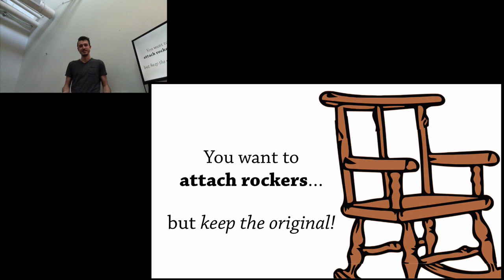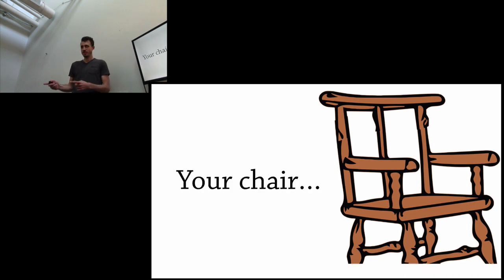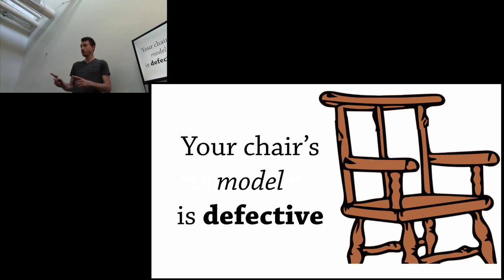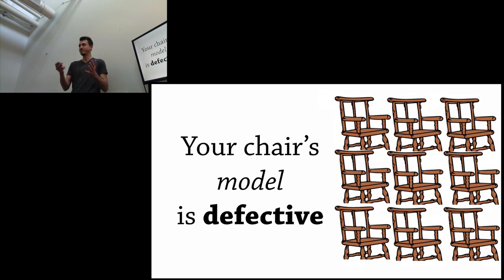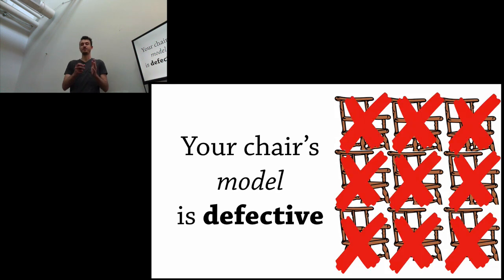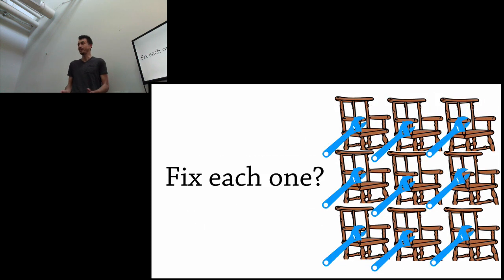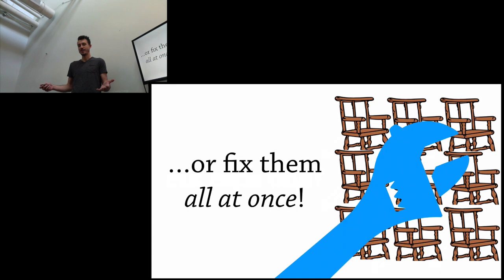That doesn't quite work. Let's say the model of your chair was defective, and this model has been produced hundreds of thousands of times. And the person in charge of this is going to have to fix every single one. Wouldn't it be better if we could just fix them all at once?